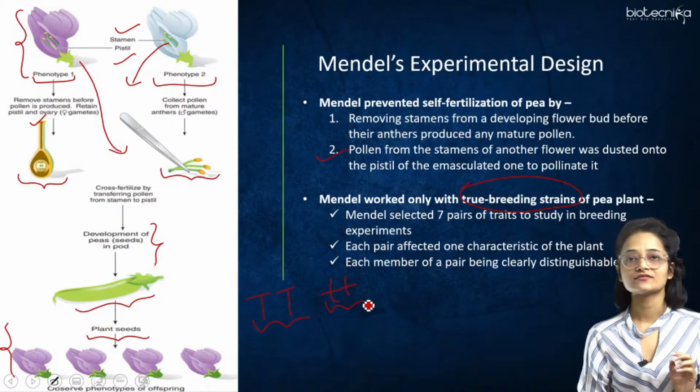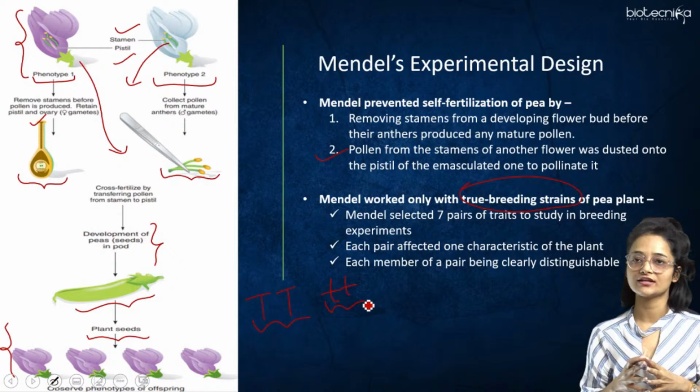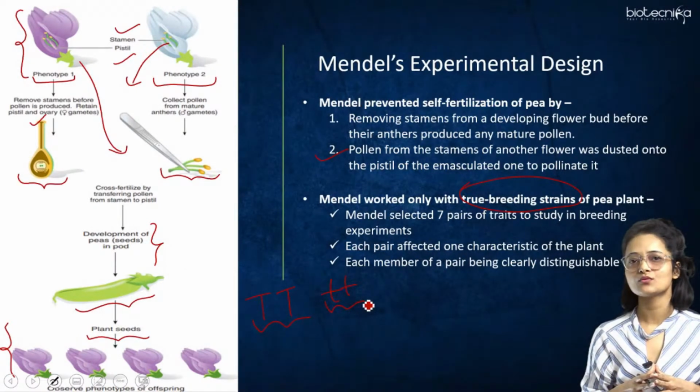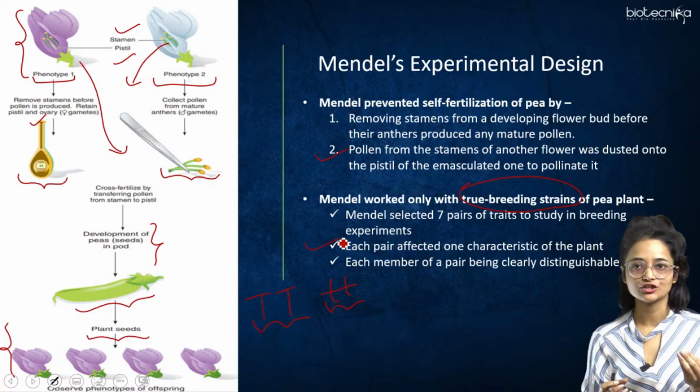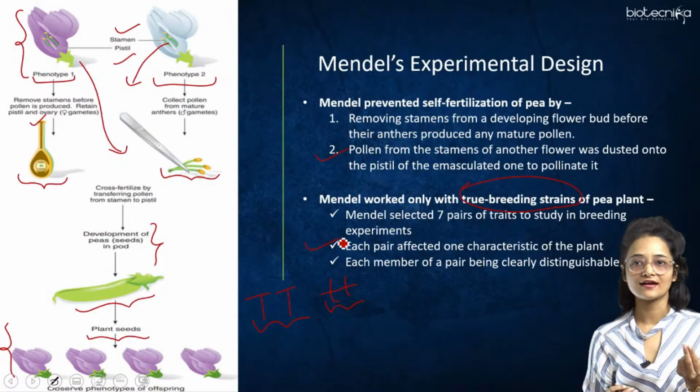Now, Mendel selected 7 pairs of traits to study in breeding experiments, right? Each pair affected one characteristic of the plant. So each pair which he took affected only one character of the plant.